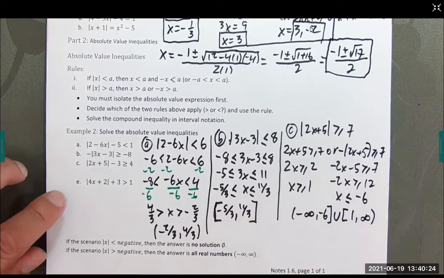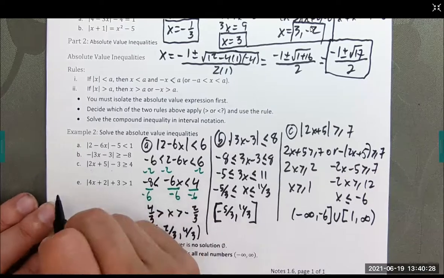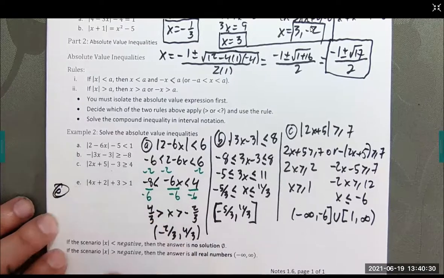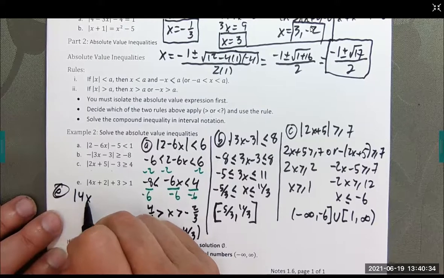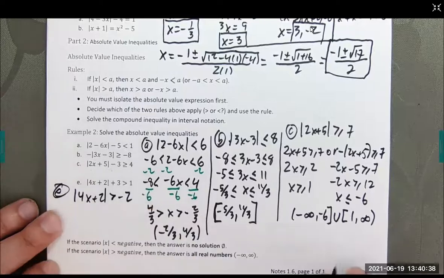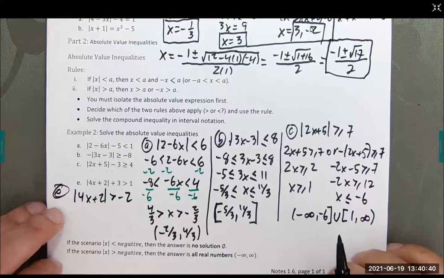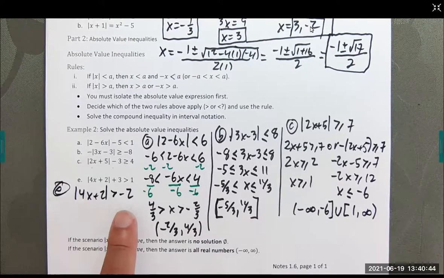For part E, which will be D on yours, when I subtract that 3 to the other side, and I'm here, this is now bigger than -2. Absolute values are always positive. So it's always going to be true.